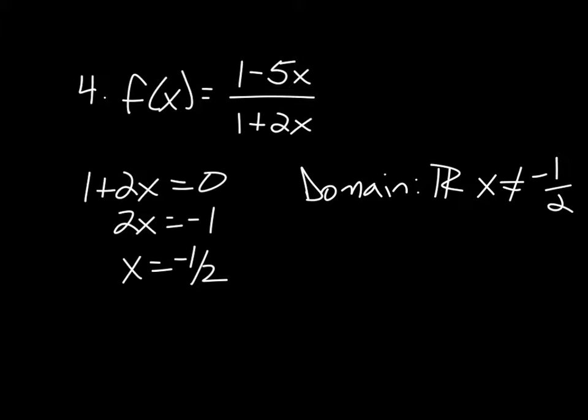That's our excluded value. Notice there's no way we can factor either the numerator or denominator any further, and so they will not cancel out. So that's telling us that our vertical asymptote is the same as the excluded value. So it's the vertical line x equals negative 1/2.